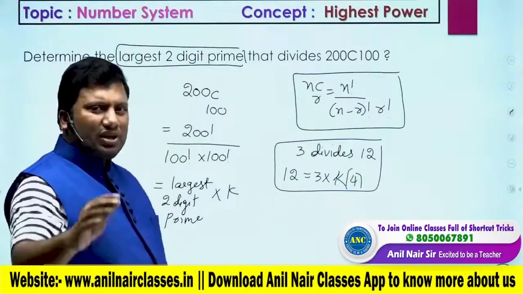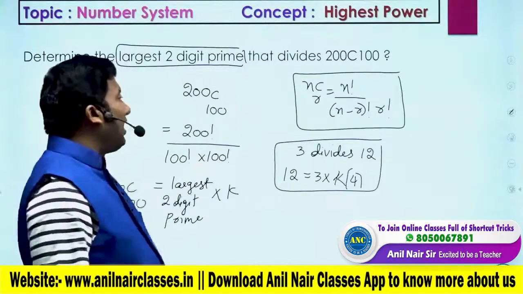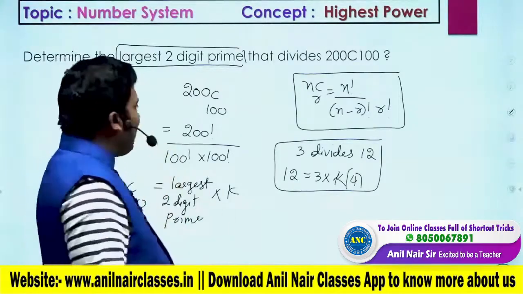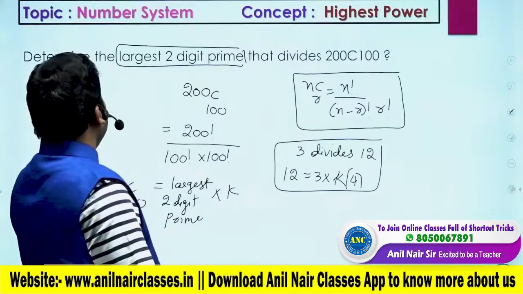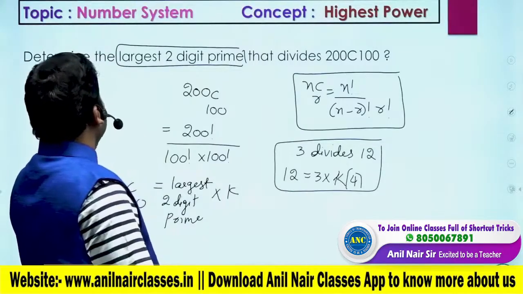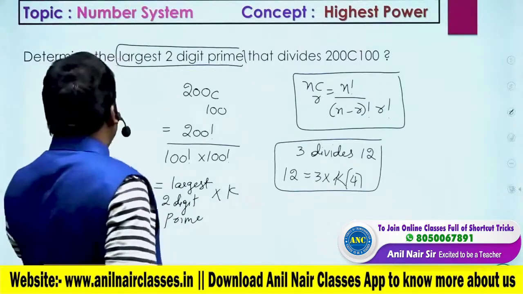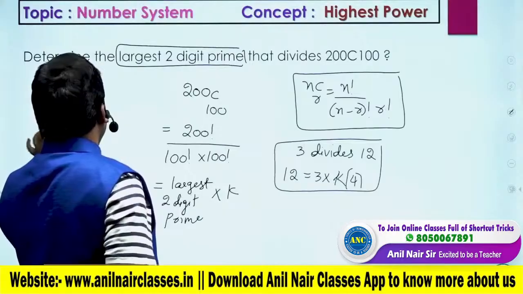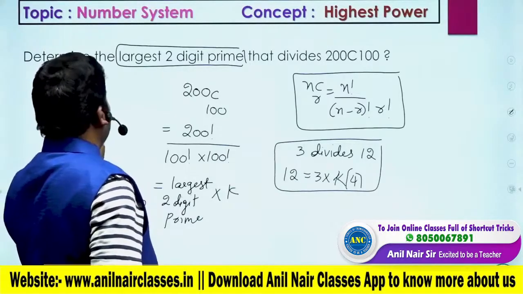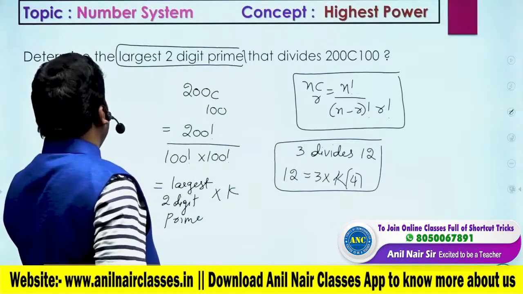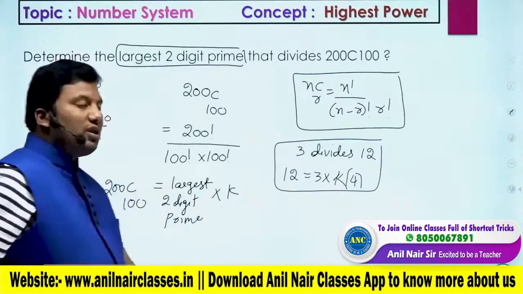99 is composite, 98 is an even number. 97. If I take 97, how many times does it go into 200 factorial? 2 times, since 97 twos are 194. In 100 factorial, 97 goes 1 time, and in the other 100 factorial, 1 time.